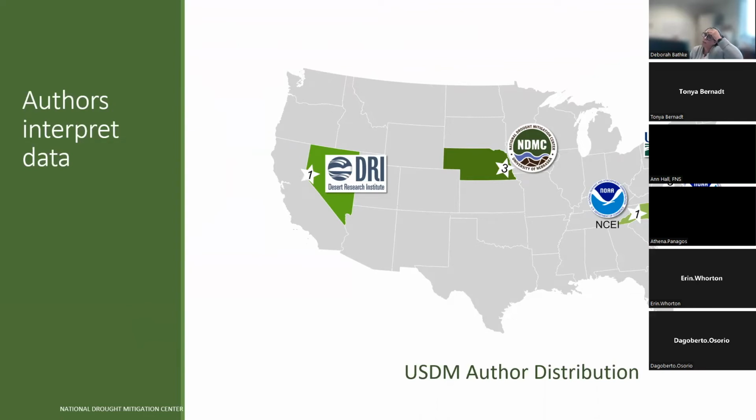And then we have the Climate Prediction Center and USDA in the DC area where we have authors as well. The requirement for authorship is that the individual must work at a national or regional center. The Desert Research Institute, it's the Desert Research Institute and the Western Regional Climate Center. I suppose I should update my figure. So that's a regional center.